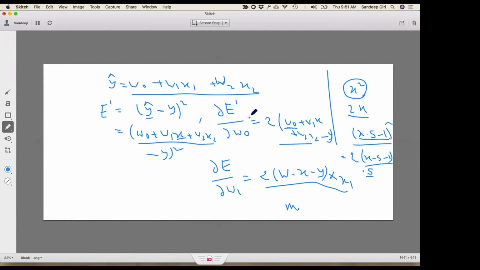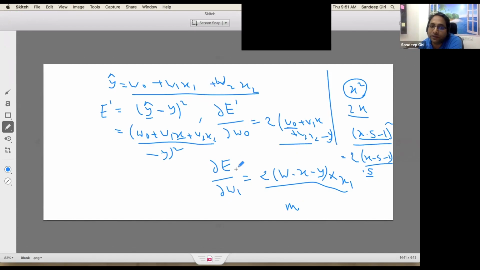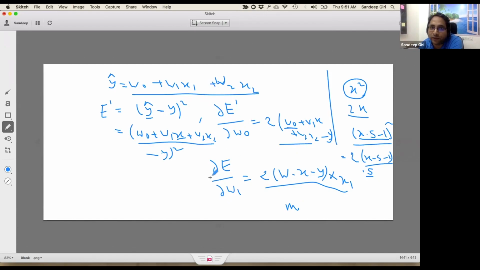So when we compute the mean of all of these values, for every row we are going to find the mean square error with respect to each of the gradients of W naught and so on.